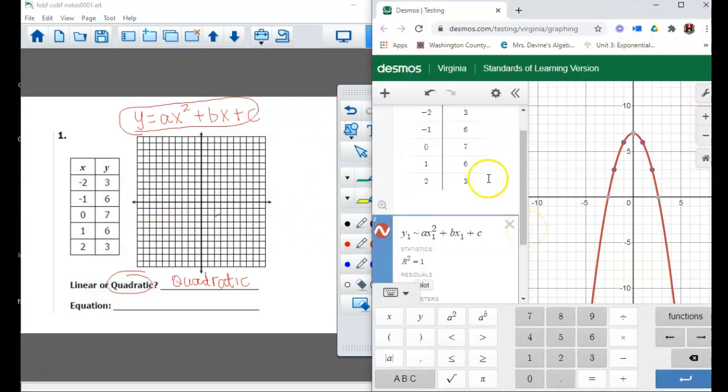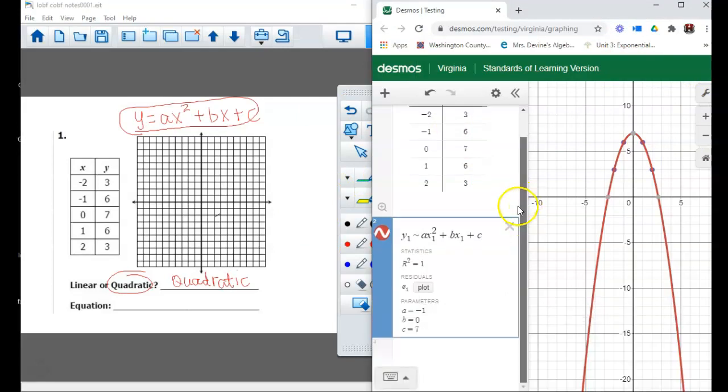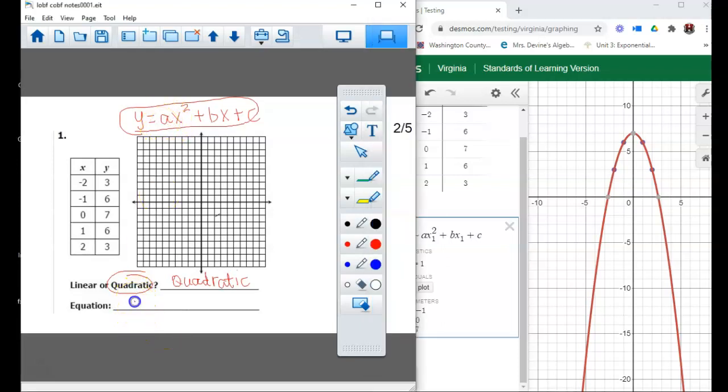Okay, now, if you come over here and you scroll down, what you'll notice is the calculator gives you a number for A, a number for B, and a number for C. So it tells you that this A right here is a -1. So when you come down here to write your equation, you're going to write y equals -1 x squared.